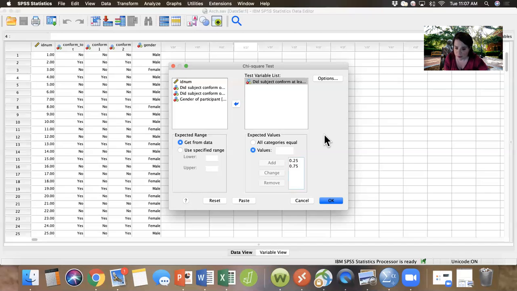Instead of putting in a 25 and a 75 here, I would put in 40% for Republican and 60% for Democrat. So that's all I'm doing. It's the exact same process, except instead of doing it by hand, I'm asking SPSS to do it for us. Then I'm going to go ahead and click OK.